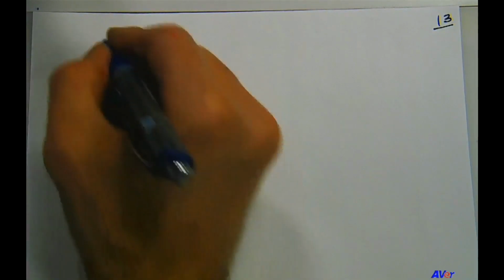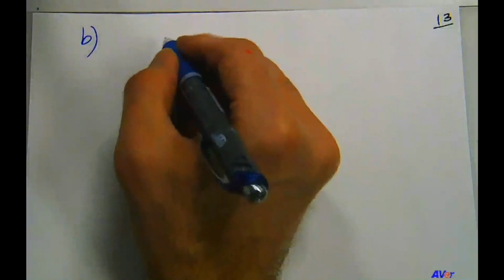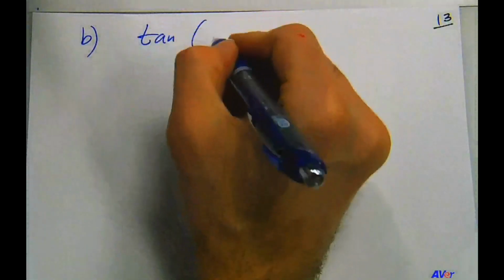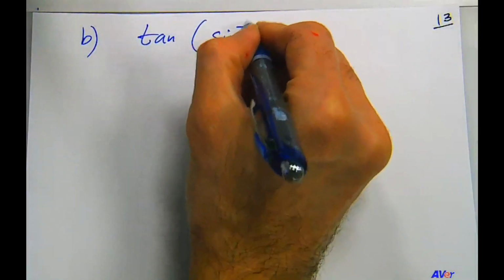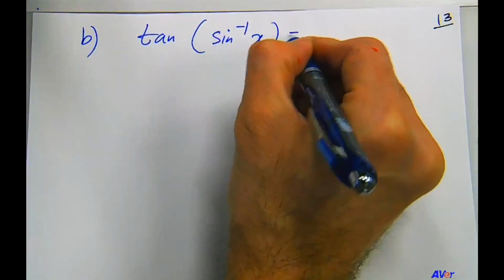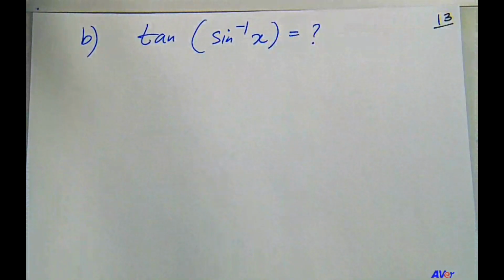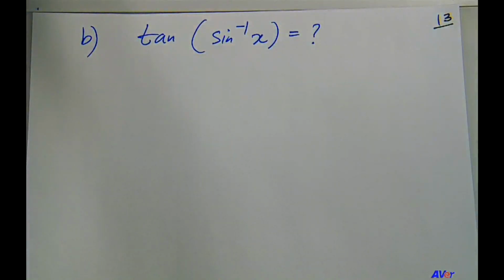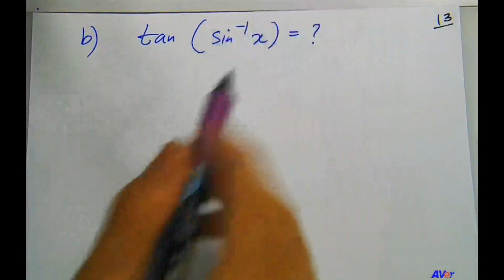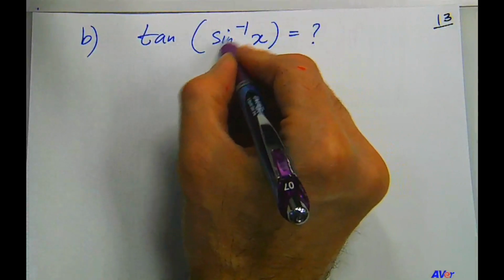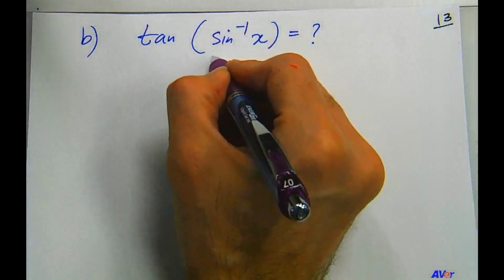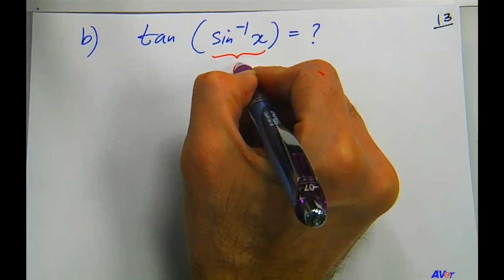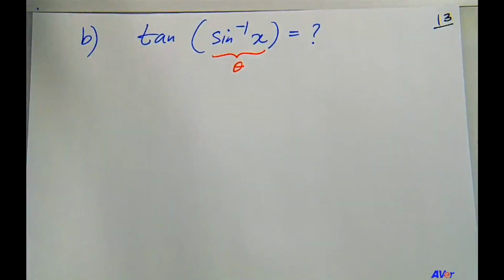Okay, let's do another example of the same kind. So we want to calculate this expression in terms of x. So you now know what I'm going to do next, right? We know that any inverse trigonometric function represents an angle, so let's call that theta.